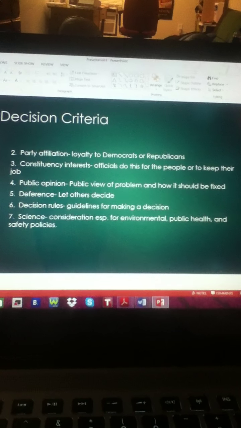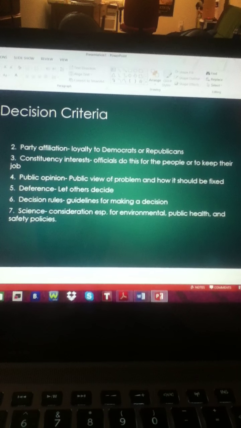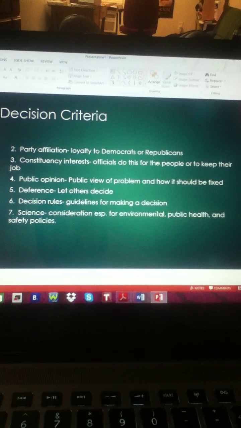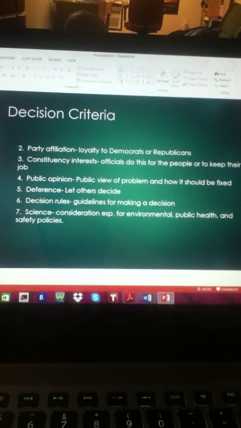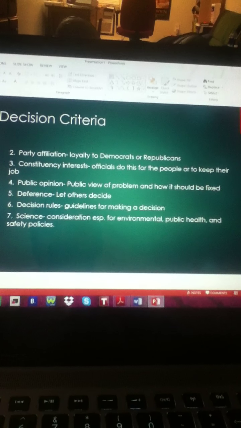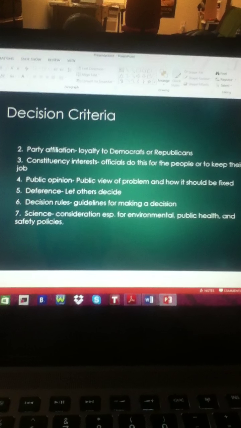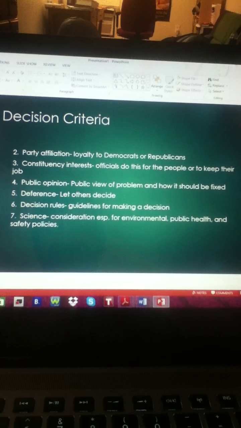Another decision criteria is public opinion, which is the public view of the problem and how it should be fixed. Another criteria is deference. When policymakers defer, they let other people decide which policy should be adopted.